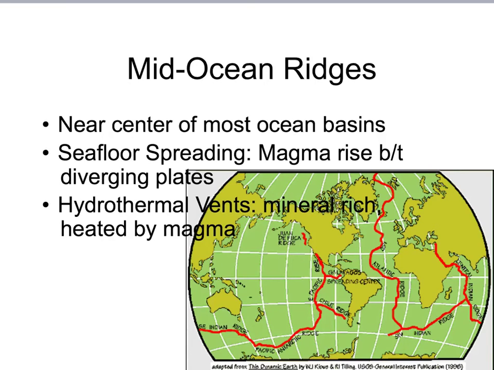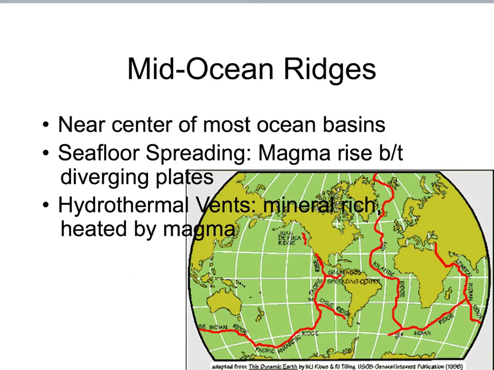You should also know that mid-ocean ridges are typically along the center of most of the ocean basins. At ridges, we see seafloor spreading. The plates are pulling apart and magma rises up between them. It is the location of the new formation of crust on our planet.